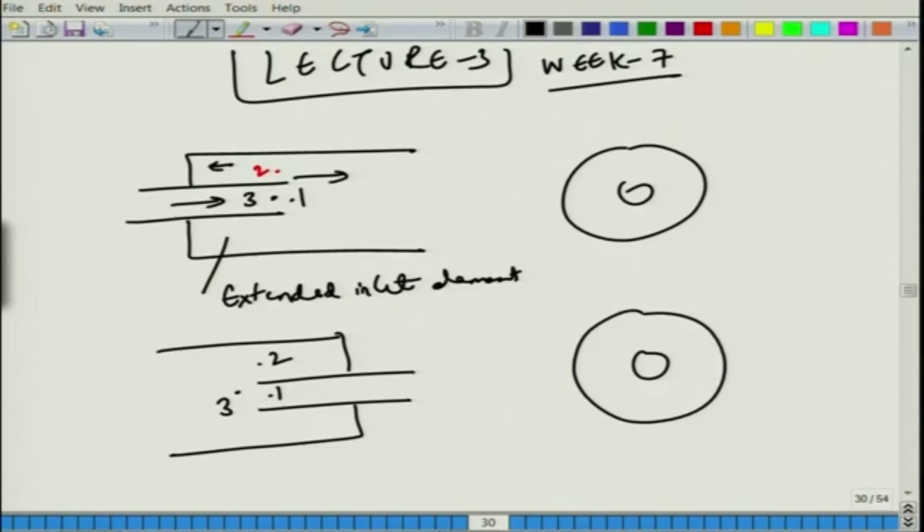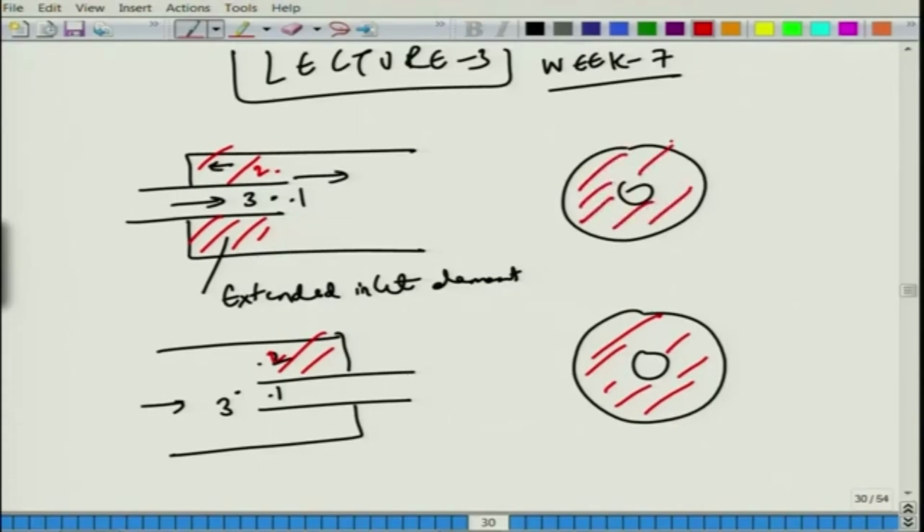We would like to develop a transfer matrix relation between point 3 and 1, where the flow is in this direction. We already know pretty well by now that the annular cavity acts like a quarter wave resonator, and it acts like a shunt element.